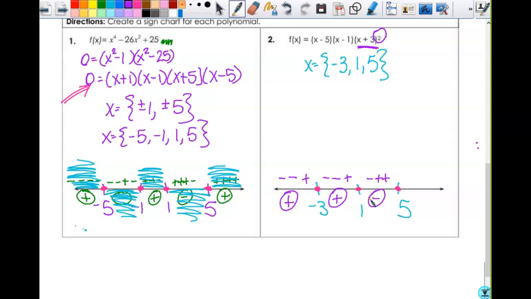And then if I choose 6, that'll give me positive, positive, positive. Overall, I'm positive. So then I'm going to shade. Positive, positive, negative, positive.